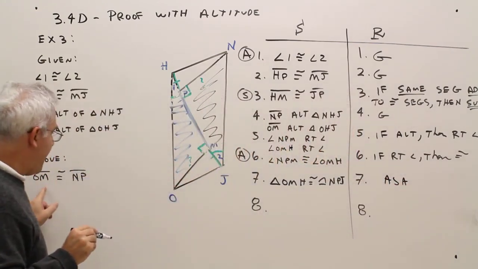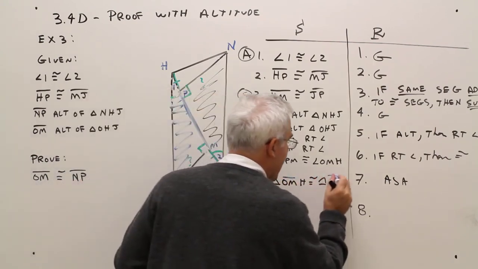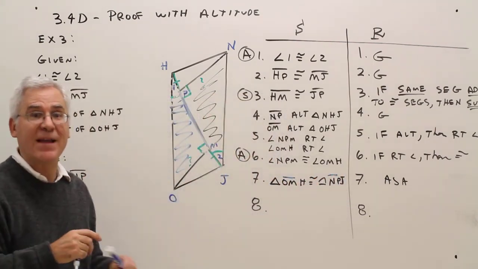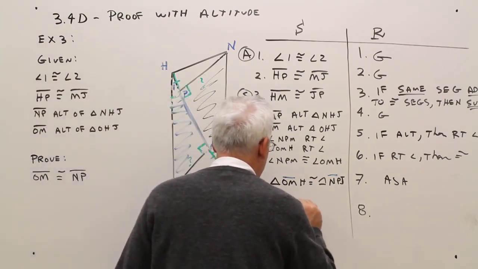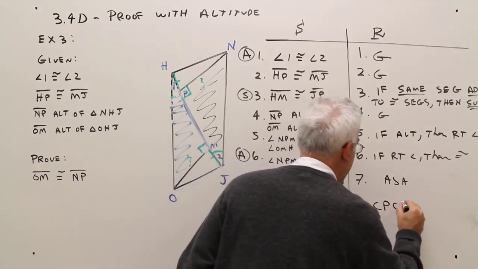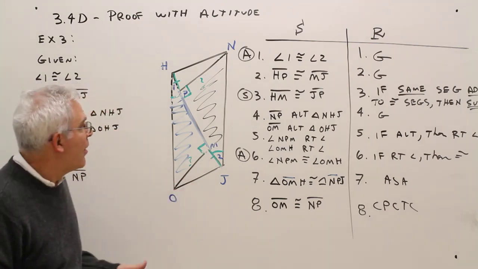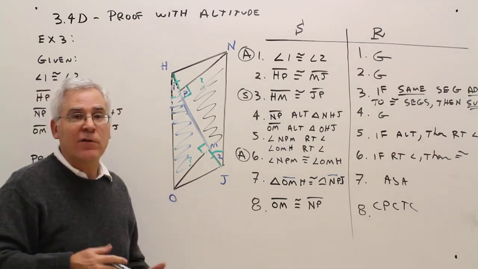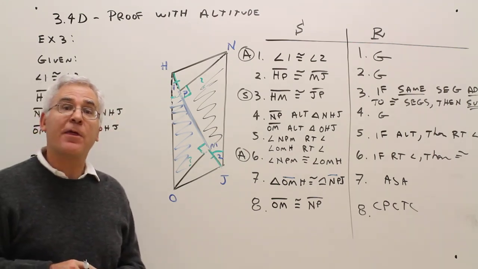And then I think I can get OM to NP by CPCTC. So now OM is congruent to NP by CPCTC. I understand there's a lot going on here, but just practice would help. So there you have it, a proof with altitudes.